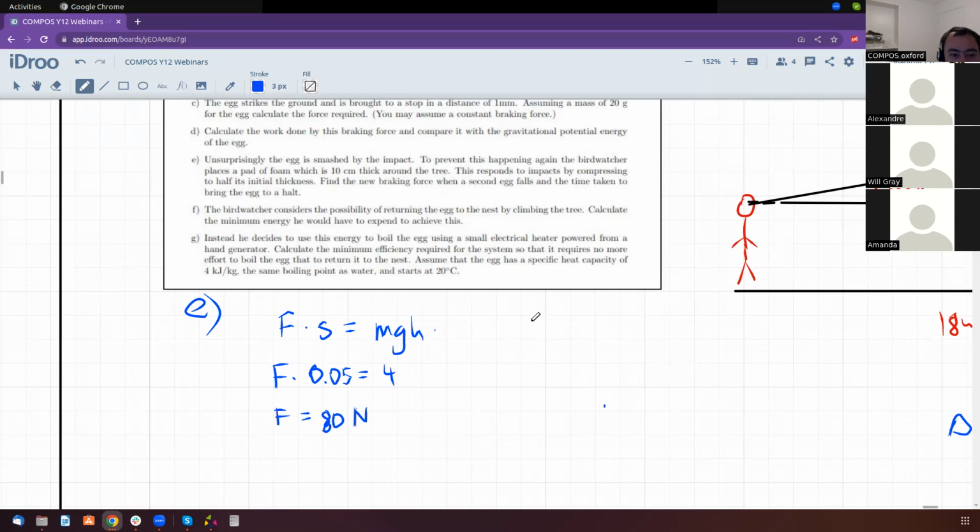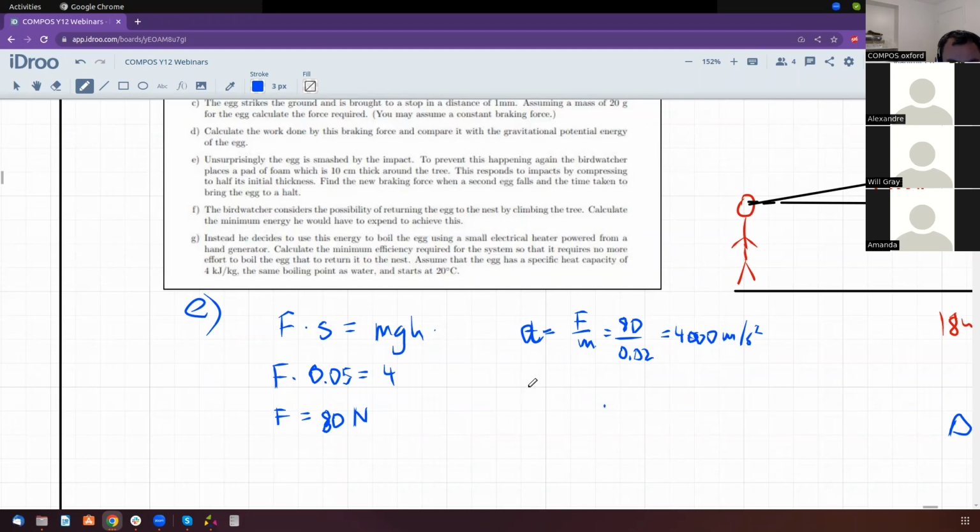And the time is, well, we can find the acceleration. Acceleration is the force divided by m. So it's 80 divided by the mass, 0.02. It's 4,000 meters per second squared.